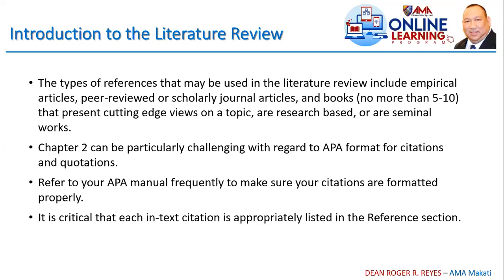Pag sinabing peer review, dumaan yan sa masusing pag-aaral ng kapwa researchers. Bago yan ma-publish sa isang journal, at hindi lang basta-basta journal, scholarly journal, bago siya ma-accept, kailangan din yan ay quality. Kaya ang ina-accept natin dito, yung mga peer-reviewed scholarly journal articles and books.